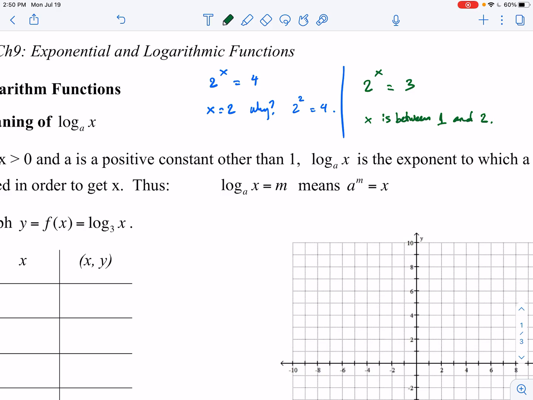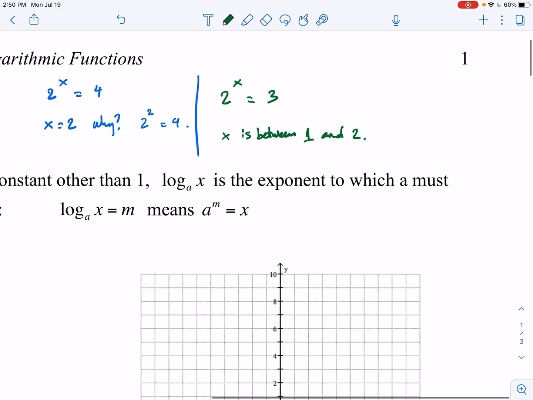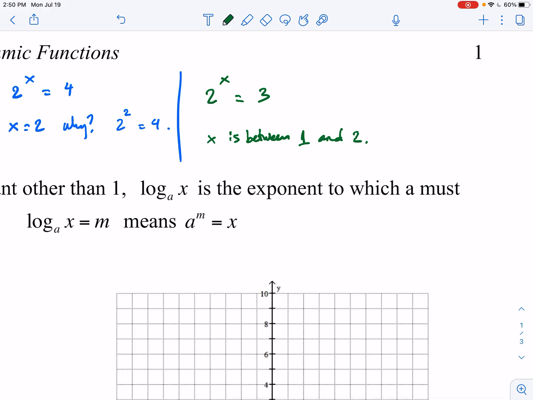estimated value of x. But essentially that's what the logarithm was created for: to be able to write x in an exact form, so that it fits perfectly in this equation here, right? So in this example, we know x is between 1 and 2.